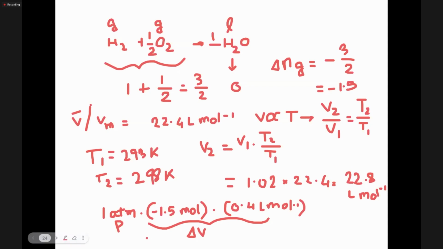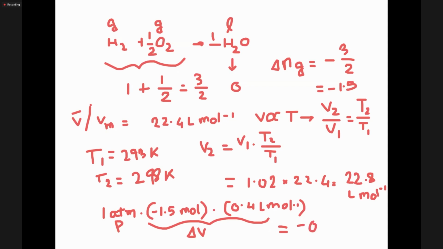So we have these three terms: 1 atmosphere corresponding to the pressure, minus 1.5 mole from the delta Ng, total change in the gaseous reactants or components, and 0.4 liter per mole for the V2 minus V1 calculation. So we have 1.5 multiplied by 0.4, which is 0.6 in negative.